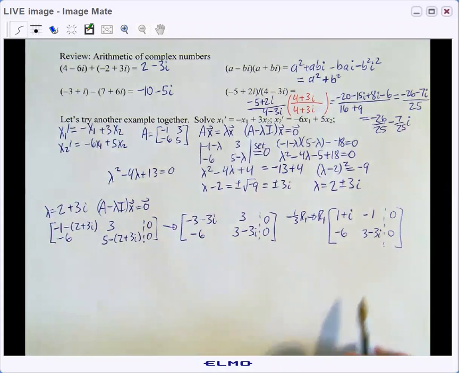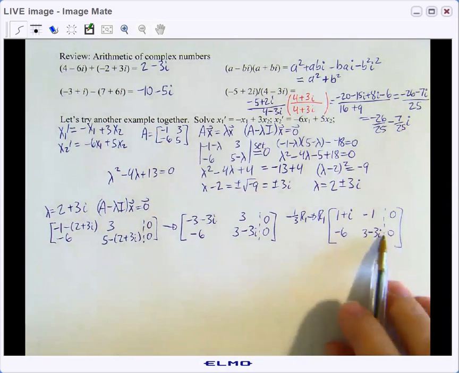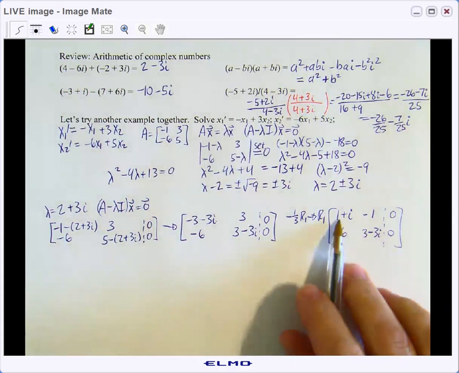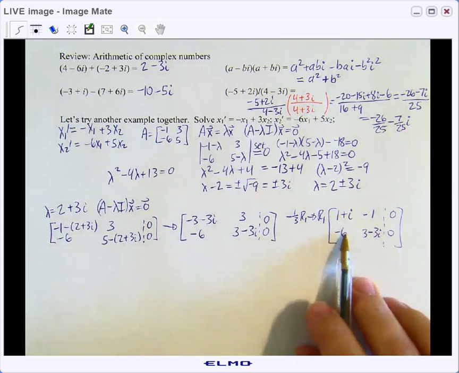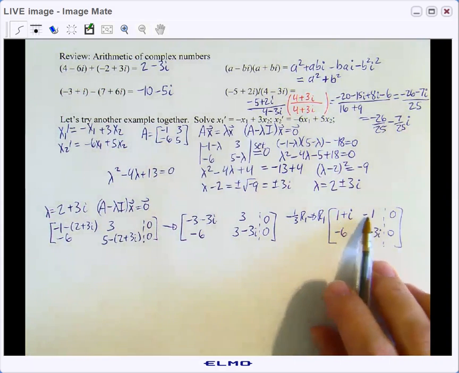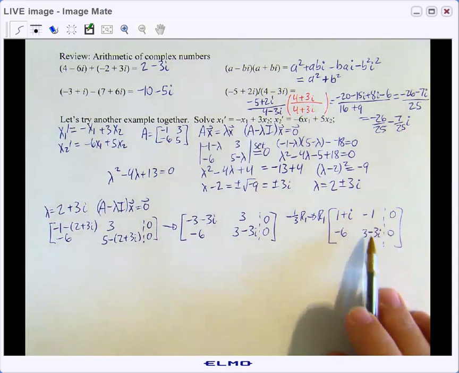And when we've been playing with the 2x2 matrices, we noticed that the second row was always a row of zeros. It's a little harder to see what I'd need to multiply by here to kill this -6, but what if I were to multiply this by 3 minus 3i and then add it to that?